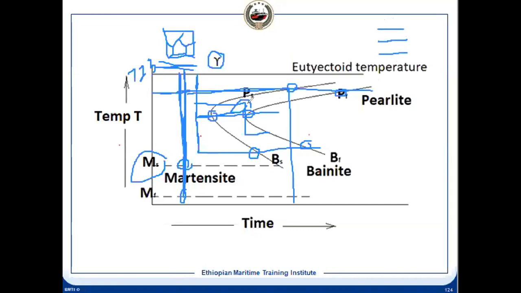Whereas if at this point the pearlite is formed, then it will be fine pearlite. It means this gap will be reduced. So this fine will be more ductile than this. So this is the way we can have different structure and different property.